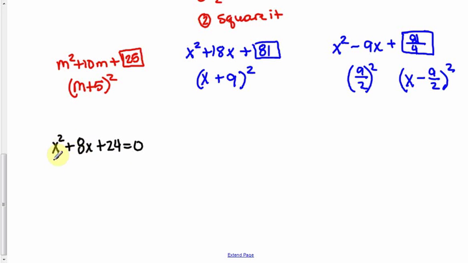We're going to have to get these 2 terms isolated so that it will look like this with a missing space for us to complete the square. In order to do so, I will need to subtract 24 from both sides of this equation. Leave a space to complete the square.